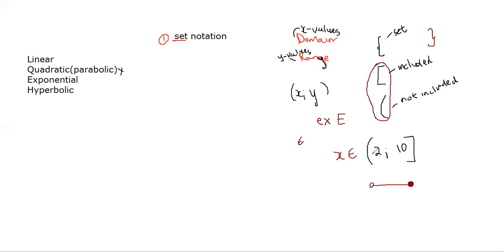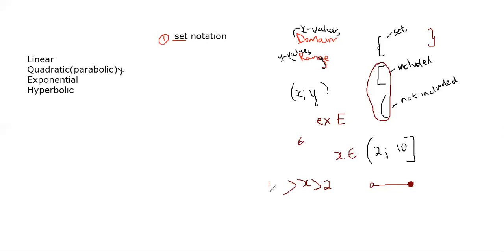But this 2 is not included, meaning X is greater than 2. How do we know it's greater than 2? Because we're starting at 2 and we end at 10. So from 2 to 10, we are increasing. So X should be greater than 2, but it should be less than 10.